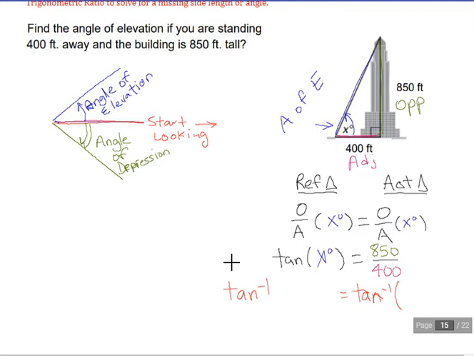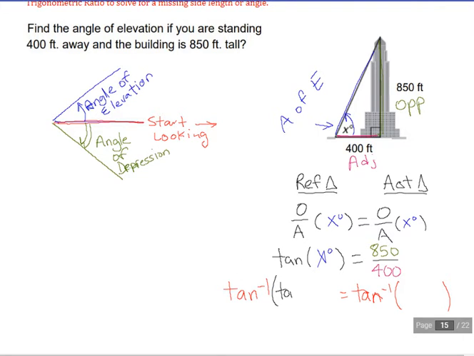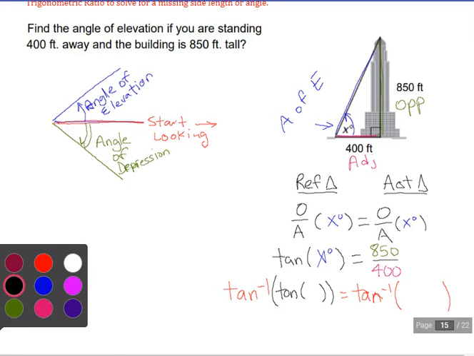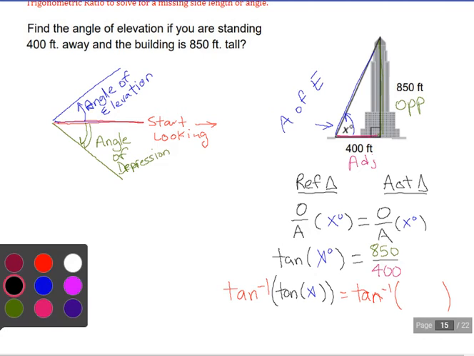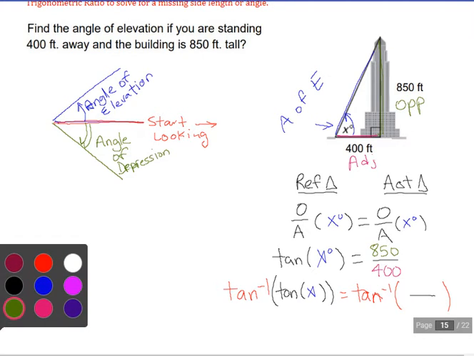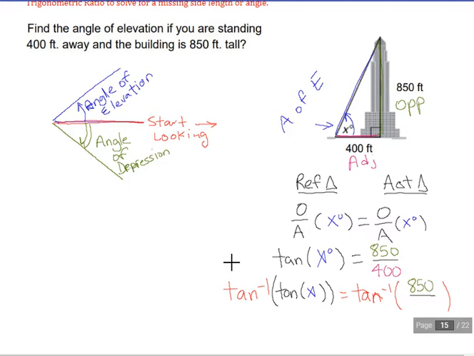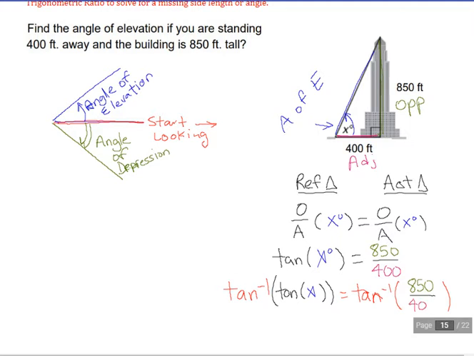So on the left-hand side, I have to apply it to the tangent of X degrees, and on the right-hand side, I have to apply it to 850 over 400. And so we've taken something that looked complicated and broke it down to a very, very familiar problem.